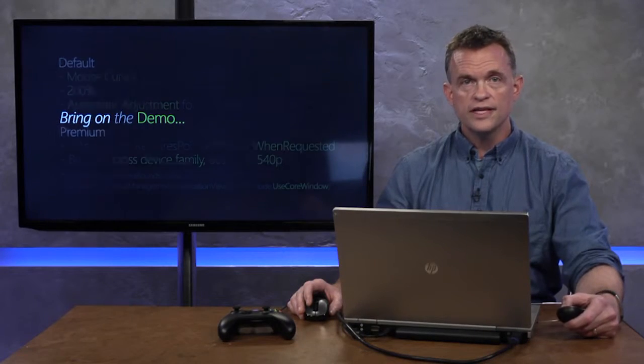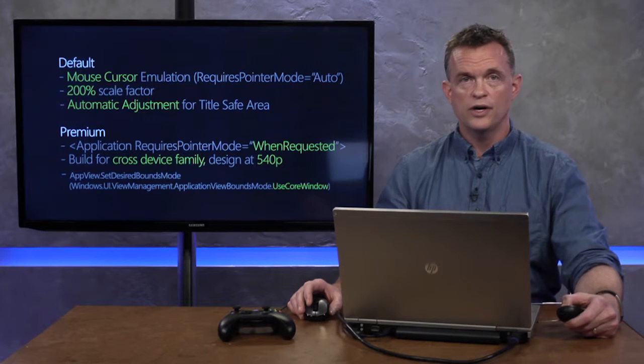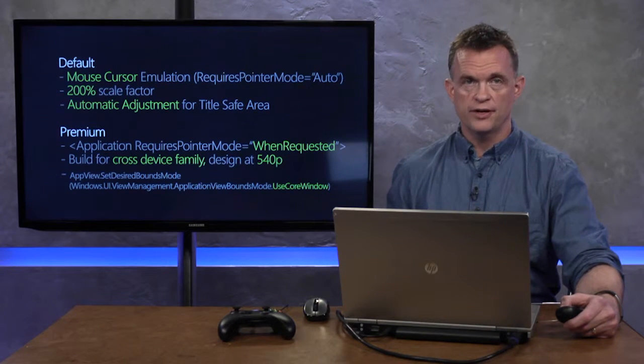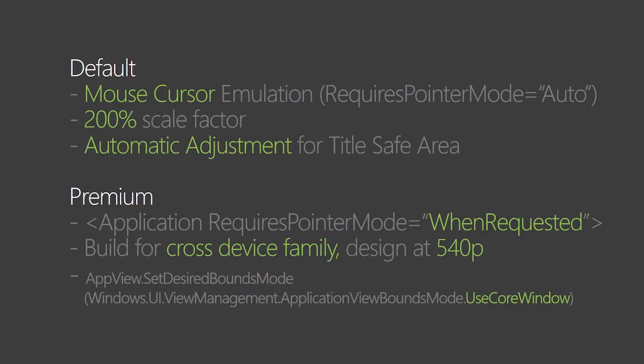All right, great. So let's just cover as a summary what I just went over in my coding demo. There's the default experience I mentioned before, and then there's the premium experience. For the default experience on Xbox One, you will have mouse cursor emulation.